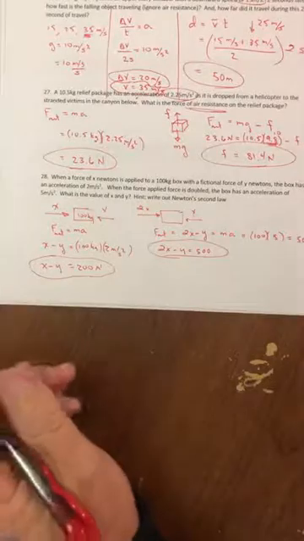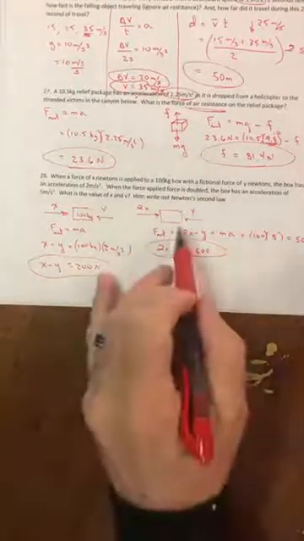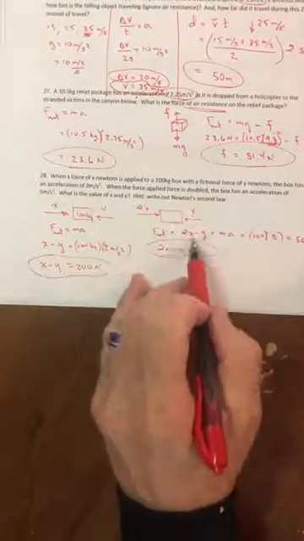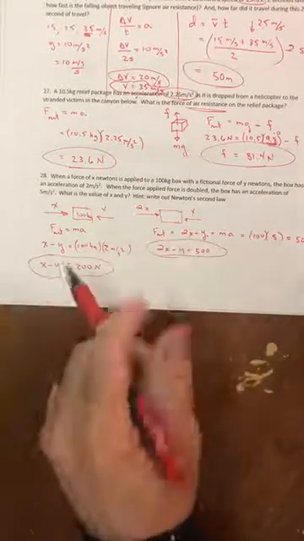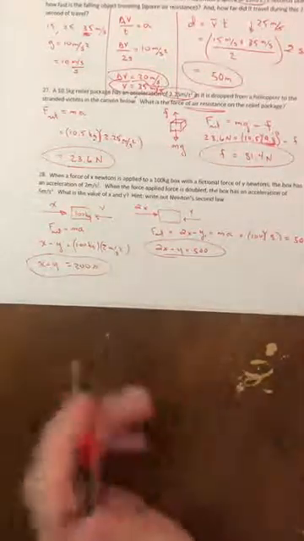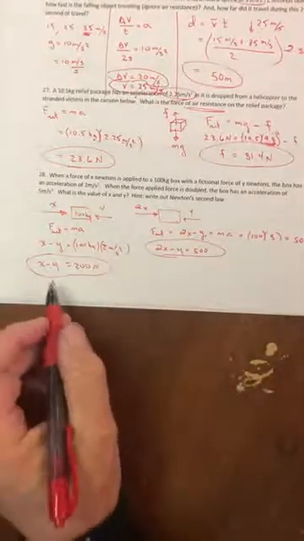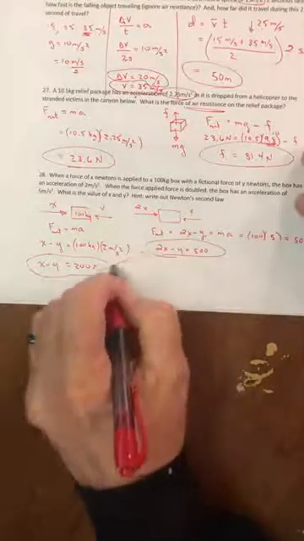So I would call that the physics of what's going on, noticing that the friction stays the same. The net force is combining the two forces together and using Newton's second law. So there's all the physics of it. We still have some math to do because we've got two equations, two unknowns.